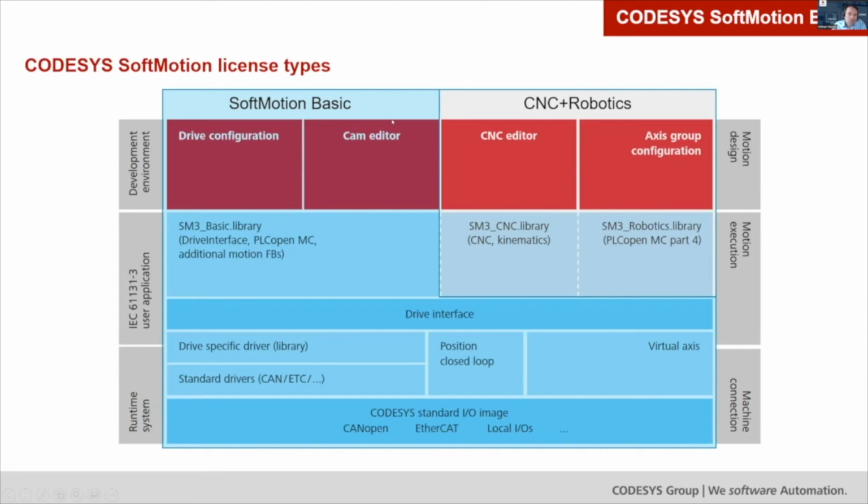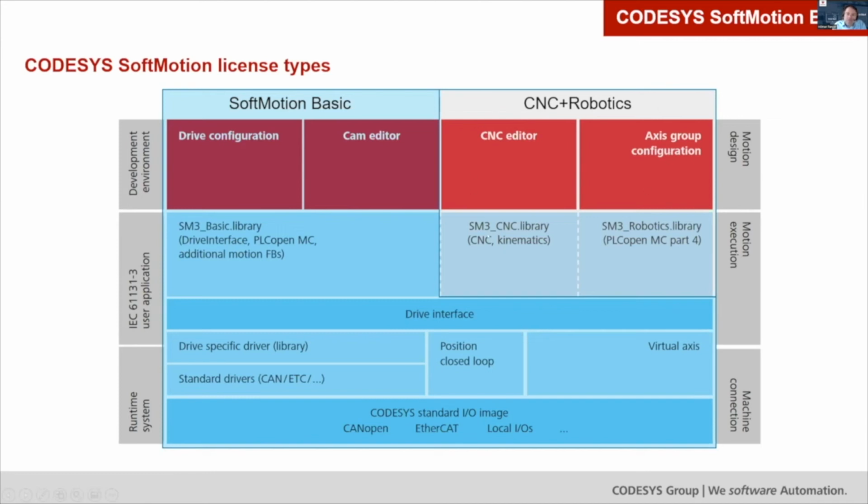One is the SoftMotion Basic. You can buy the SoftMotion Basic license that contains a CAM editor, the configuration of the axis, the function block libraries itself, containing, of course, the PLC Open motion control libraries, and the drive interface that realizes the communication to the servo drives, which is also a very important part. I will explain that later on.